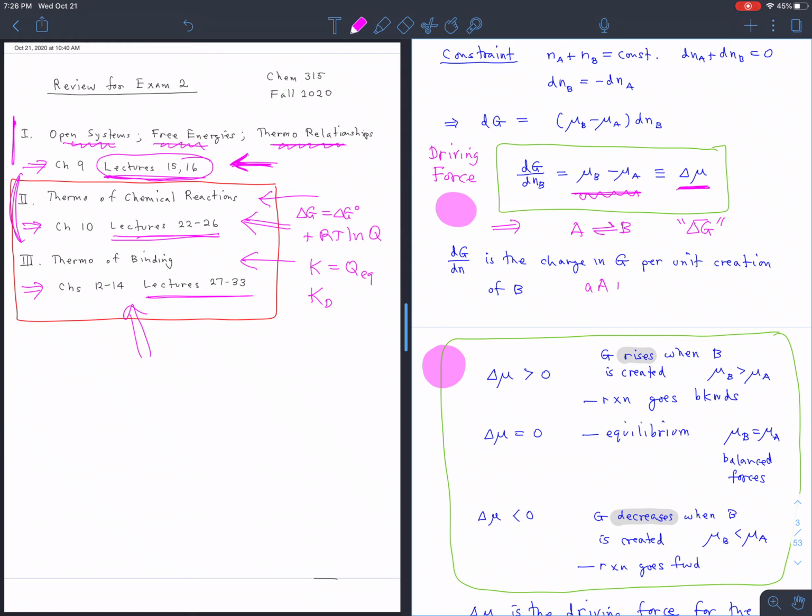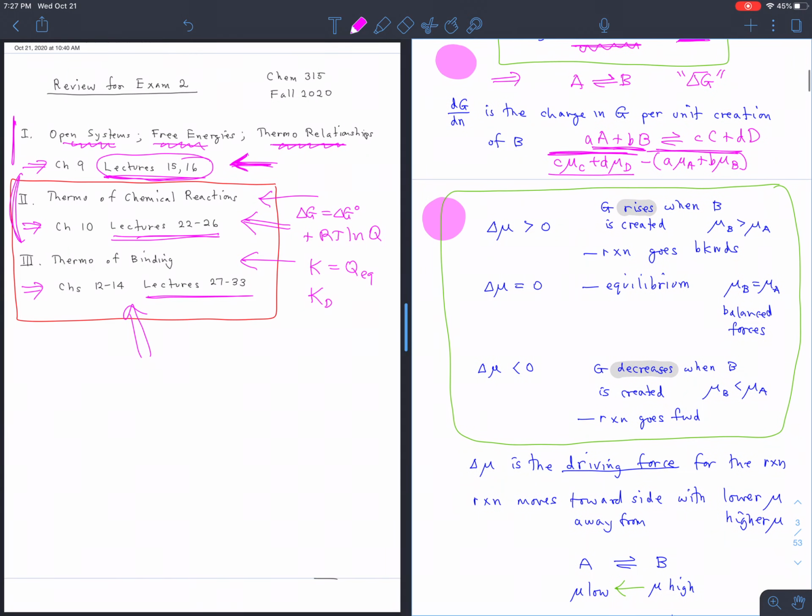So for a reaction like this, the only thing that changes is that the effective chemical potential difference becomes products minus reactants weighted by stoichiometric coefficients, right? It becomes C mu C plus D mu D minus A mu A plus B mu B. So it's still chemical potential for products minus chemical potential for reactants. It's just that the chemical potential for products now involves more than one chemical species.